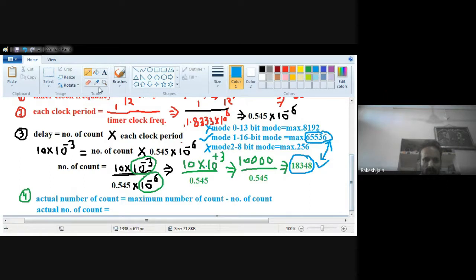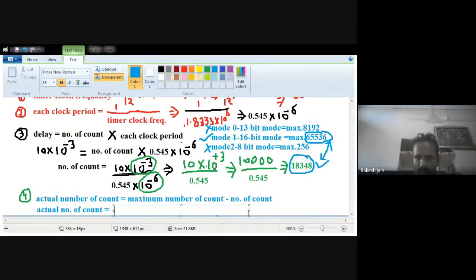Okay. So when we use mode 1, how can we find the answer? What is the maximum number of count in the case of mode 1? That is 65536, minus the number of count, the step number 3 answer. The number of count is 18,348. So what will be the answer?